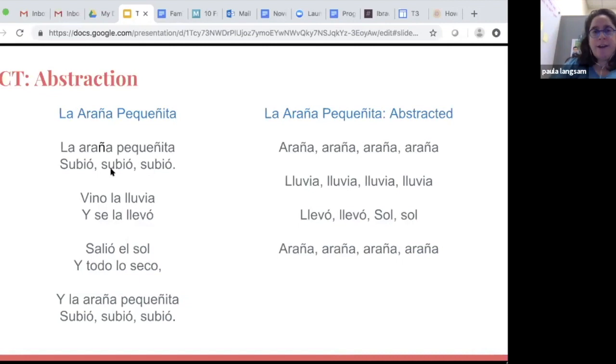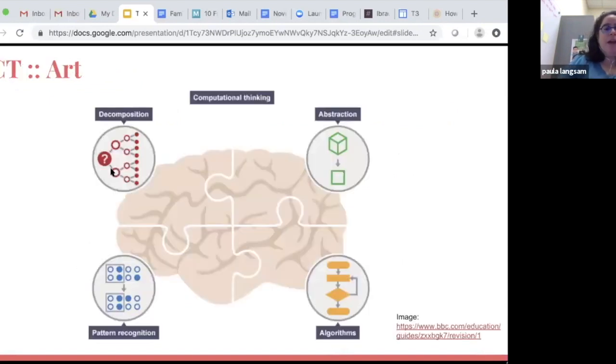So what we've done there is abstracted. We've taken out the really important pieces, the important language and ideas from the song, the Itsy Bitsy Spider, and using the same tune. So using just those words and the action, the association is still there, and it's the same song. So it's a way to do language acquisition, but also it is abstraction, which is kind of cool.